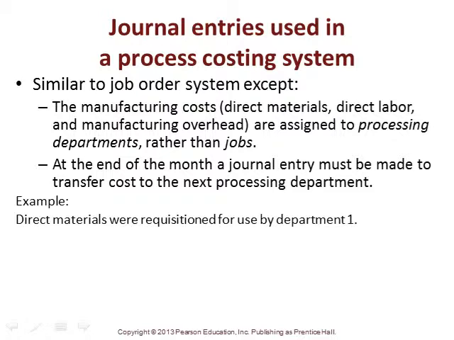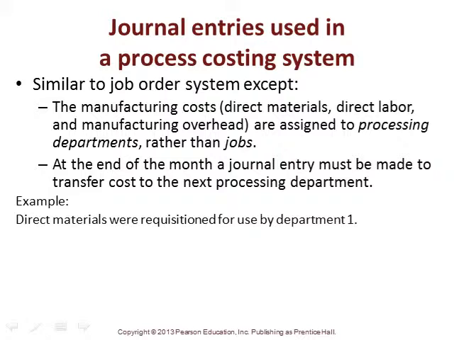And then at the end of the month, a journal entry must be made to move the transfer cost to the next processing department, versus a job cost system that may leave the cost in just one work in process account on a particular job.